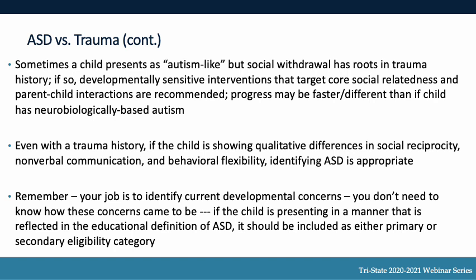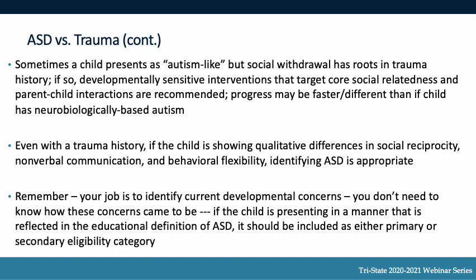So even with a trauma history, if the child is showing qualitative differences in reciprocity, nonverbal communication, and flexibility, identifying autism is appropriate. You actually don't have to understand how problems arose, what their history is.